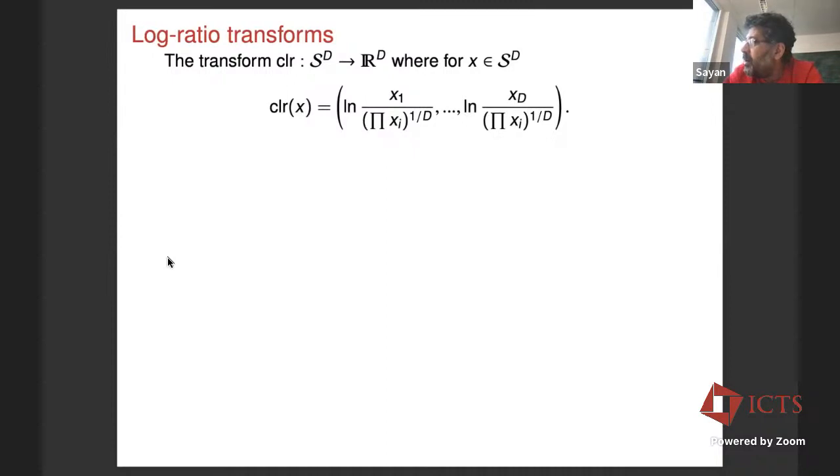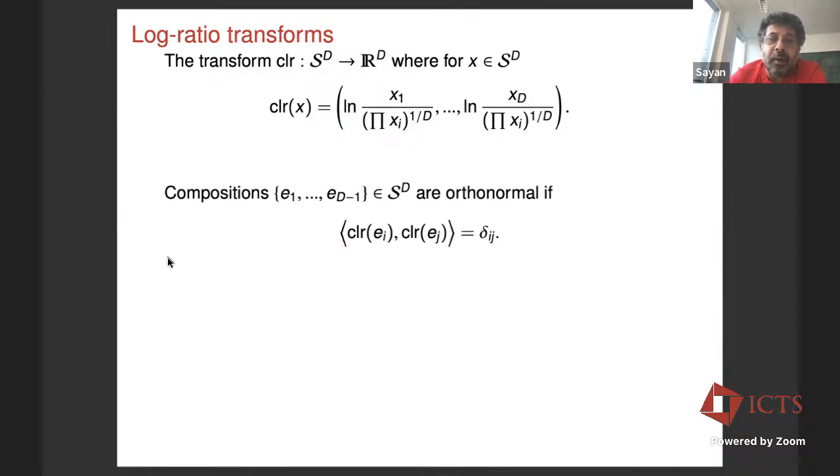Okay, so in compositional data analysis, there's something called the CLR transform. The idea is you take S^D and you map it to R^D, and you're basically taking logs of all of the components with a geometric mean to normalize.